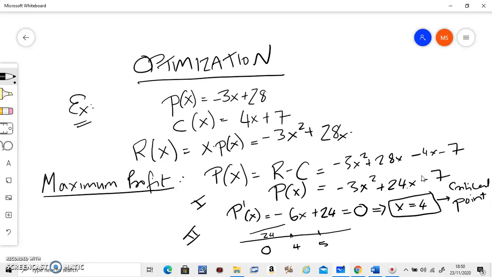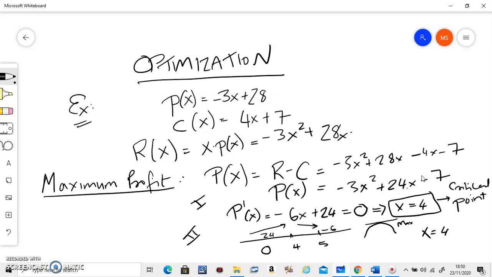It means the graph is going up. And if you plug in 5, you get negative 6. It means the graph is going down. So the graph is going up and then down, which means that point is your maximum. So this proves that when x is equal to 4, this business will make maximum profit.